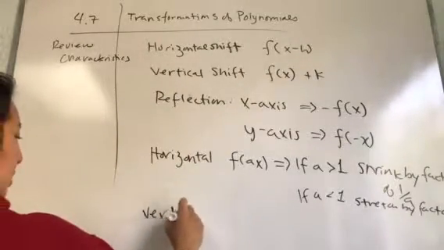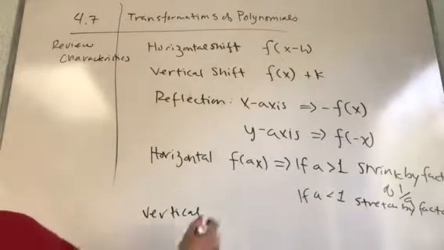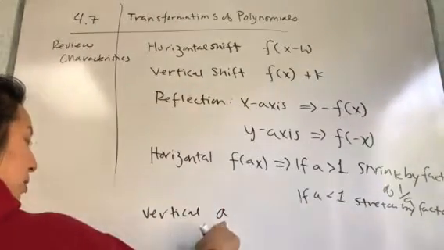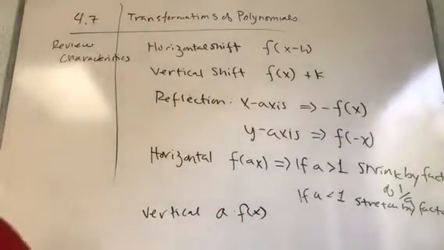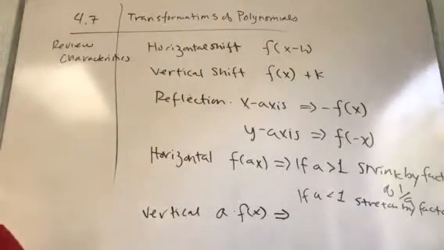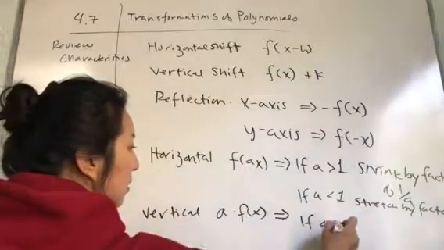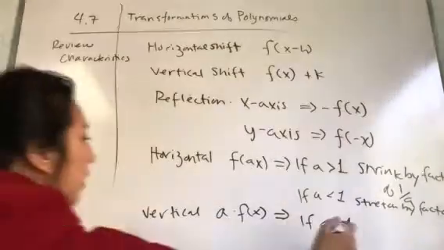The last thing is a vertical stretch or shrink, and that happens if you take a, which is the factor, and multiply the whole function by it. There are two cases. If a is greater than 1, then you'd be stretching it by a factor of a.